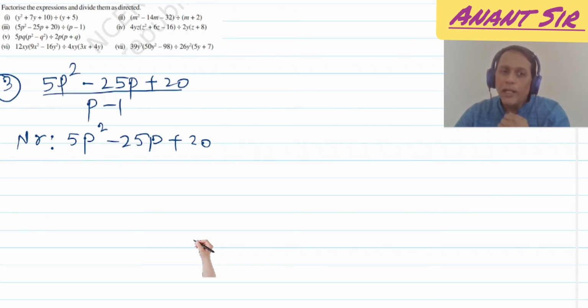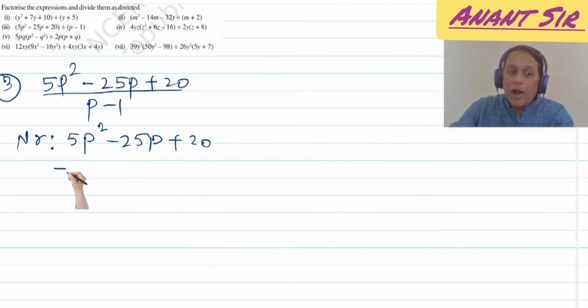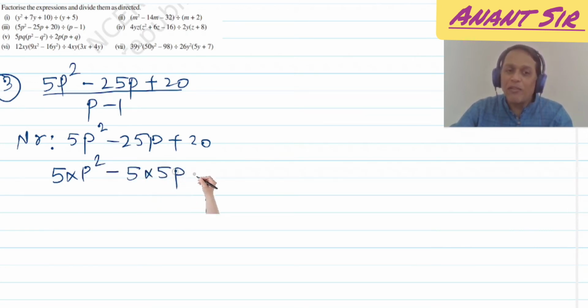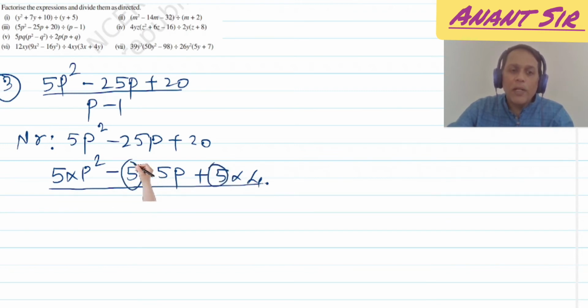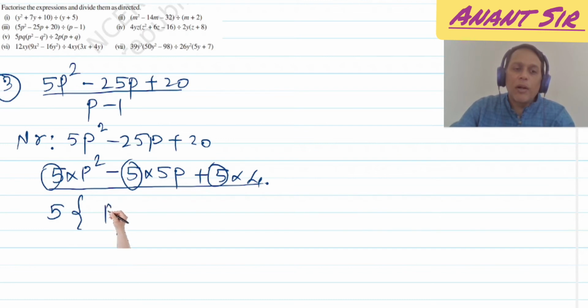Is it possible? Yes. I can take 5 common. I can write 5p square as 5 into p square, 25p as 5 5s with p as it is, and 20 as 5 4s. If I write it like this, I can take 5 common, right? So if I take 5 common, what will be the quadratic form then?